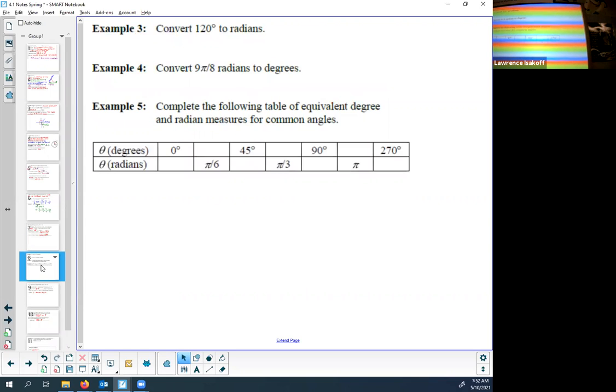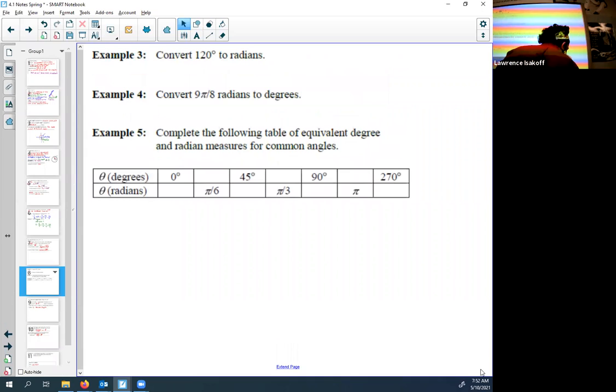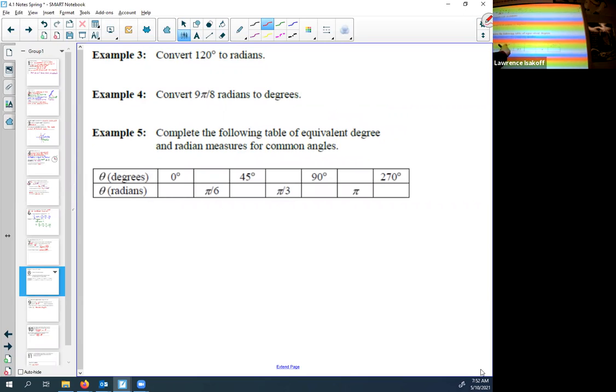Those are our formulas. So, convert 120 degrees to radians. This is a measurement I will ask you to have memorized, but we're going to go through it right now. So that'd be 120 times, almost wrote it backwards, pi over 180.